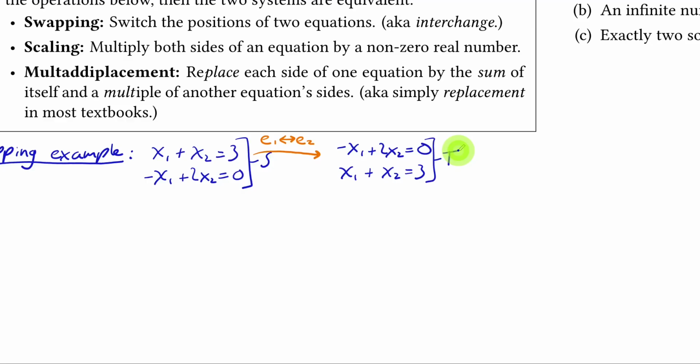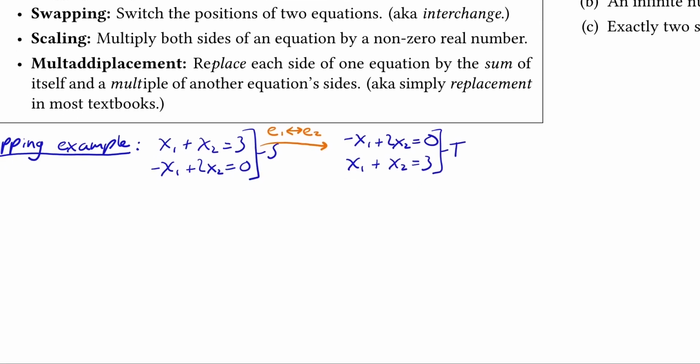So we'll give it a different name, T. But clearly, if you have an ordered pair that is a solution of one system, it makes this equation true and this equation true, then of course it's also going to make this equation true and this equation true, and vice versa. So they're definitely equivalent.